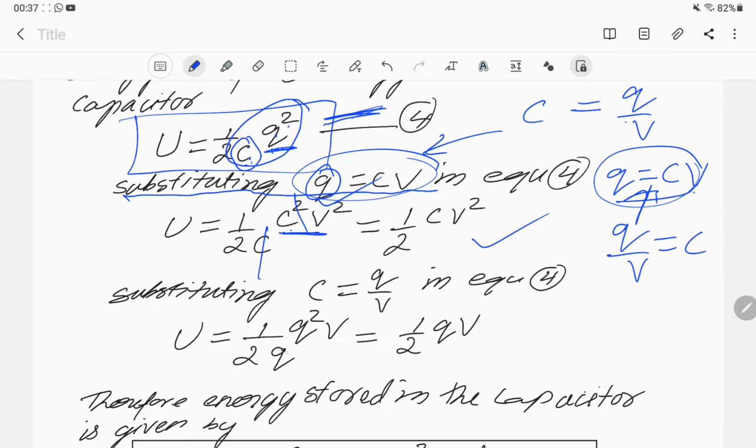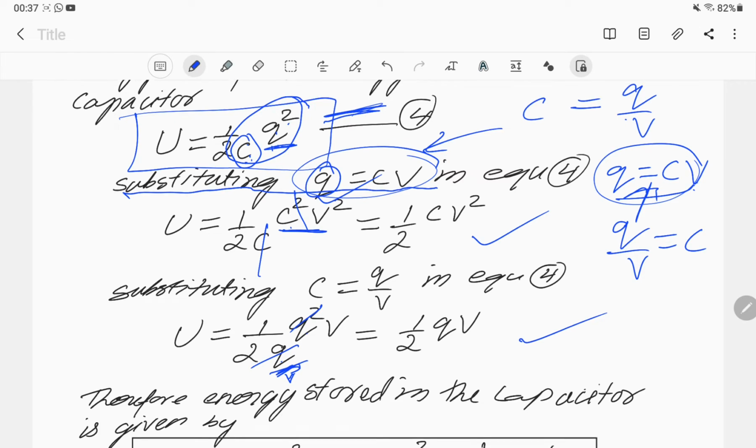So C value is Q by V, so Q divided by V, this V comes upside. One Q and one Q will cancel, so 1 by 2 QV.